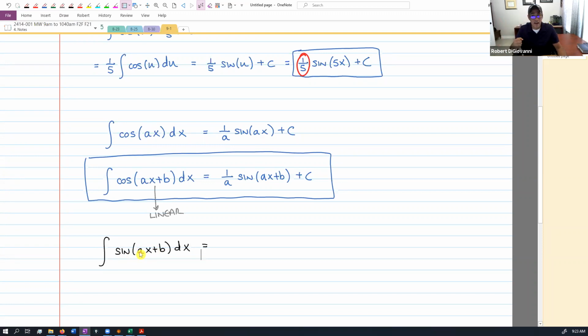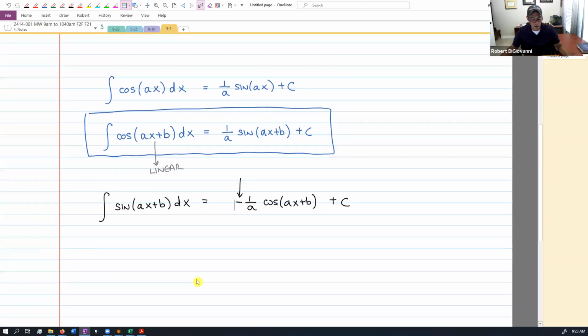So we have to get rid of that a. So we'd still need the 1 over a. It would be cosine of ax plus b, all that plus c. But again, we need a negative out front because the derivative of cosine is negative sine. So that negative would kill off the negative that comes out from the differentiation and get us back to positive sine.